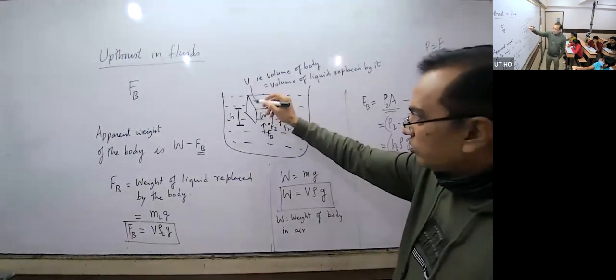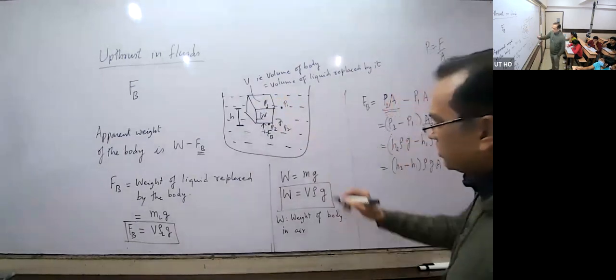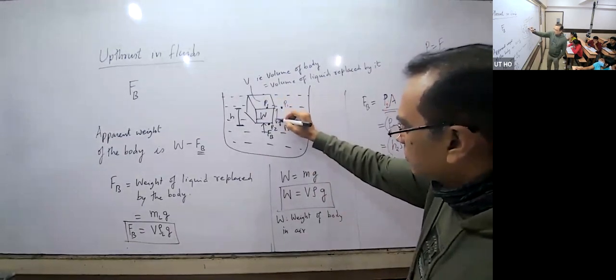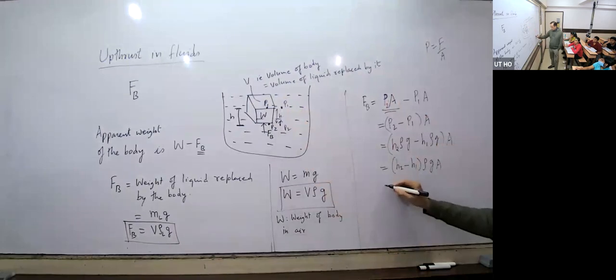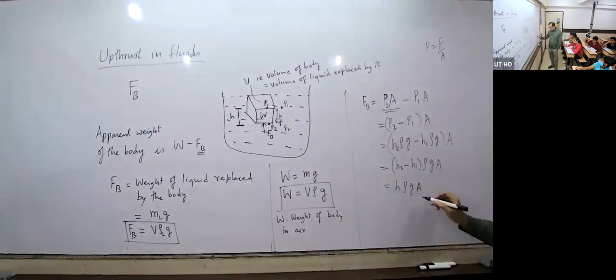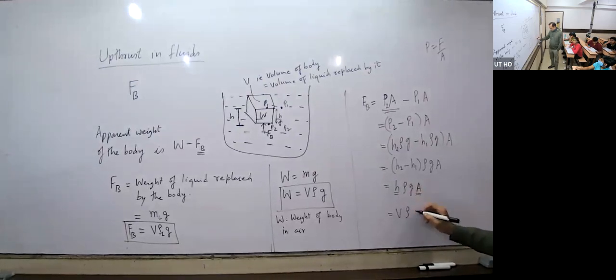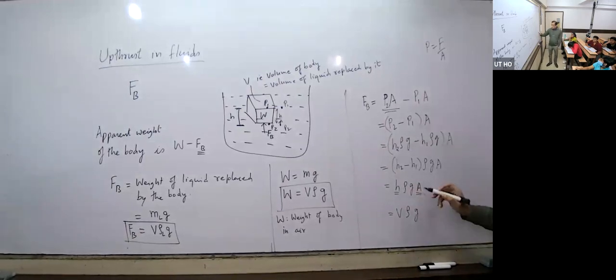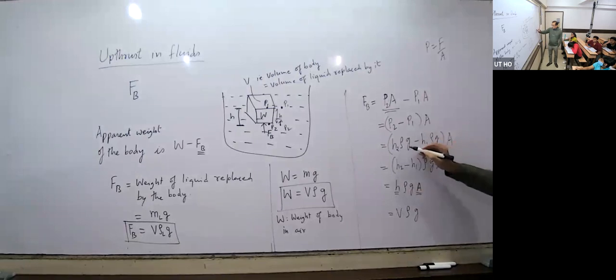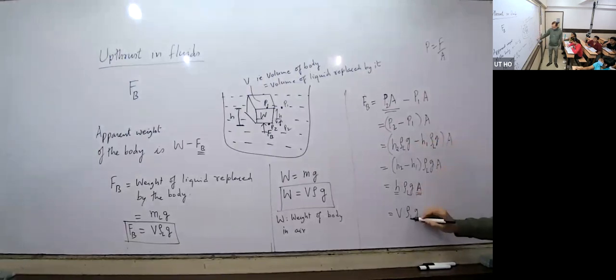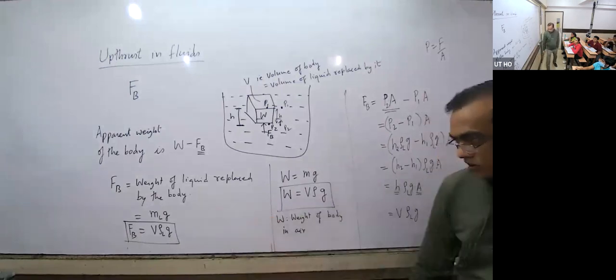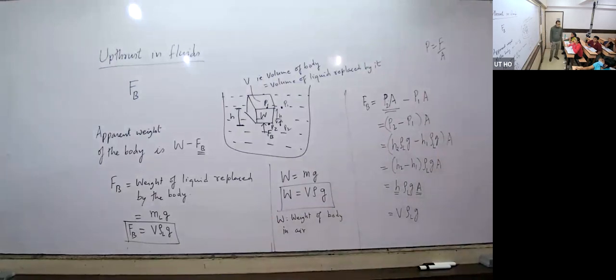If this is the height of the box, this was the height, right? This will be H2 minus H1, it will be H rho G. But base into height, what is it? And this density is density of the liquid because we are considering liquid, right? This is density of liquid.